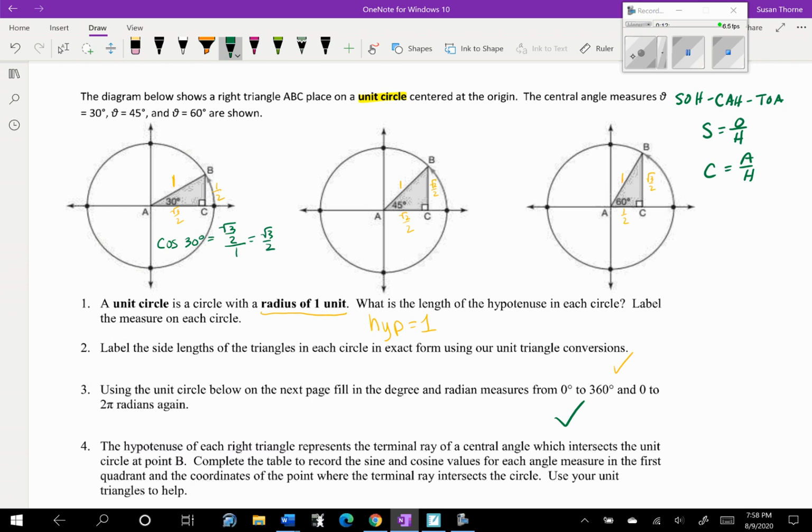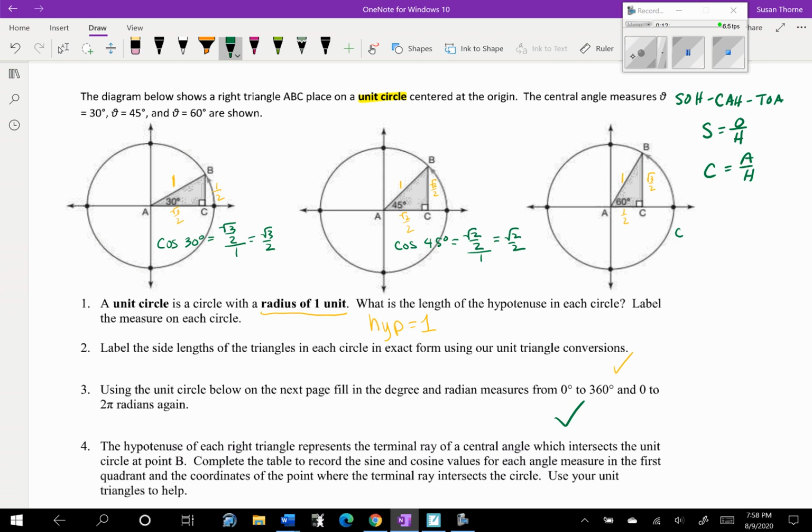If I do the middle one, cosine of 45 degrees, we would get adjacent again over hypotenuse, so root 2 over 2 divided by the 1, which is just root 2 over 2. So the cosine of 45 degrees is root 2 over 2.